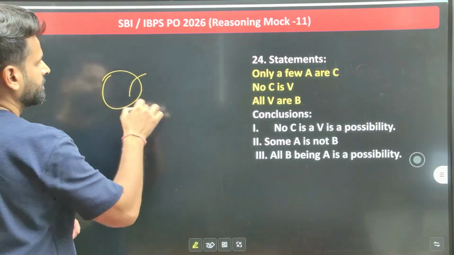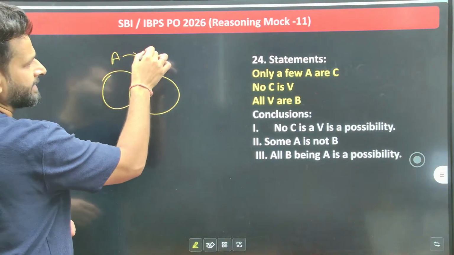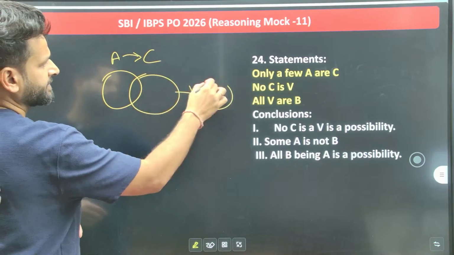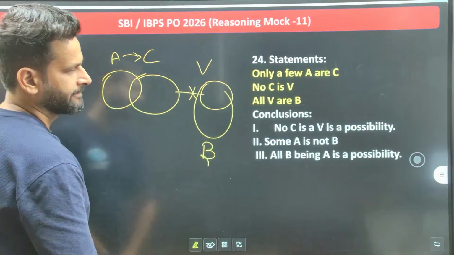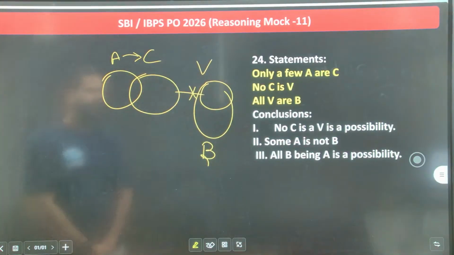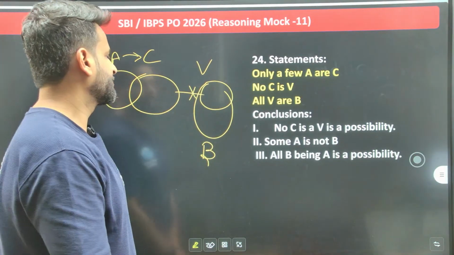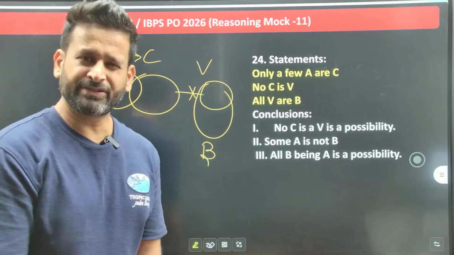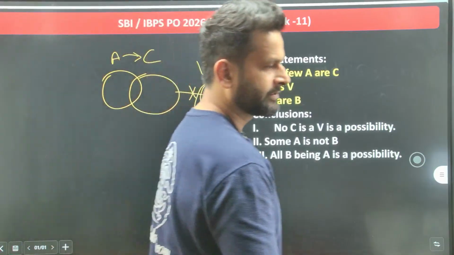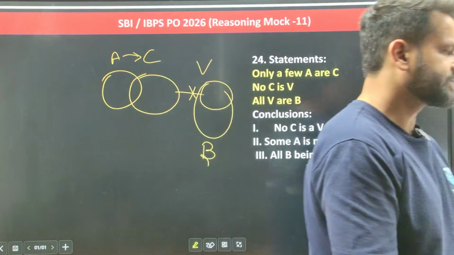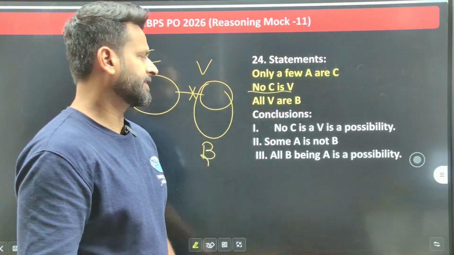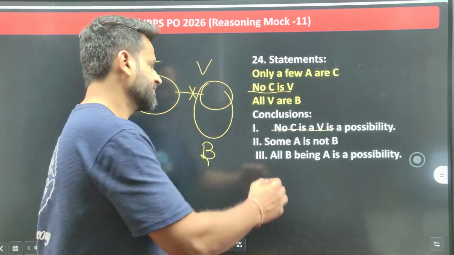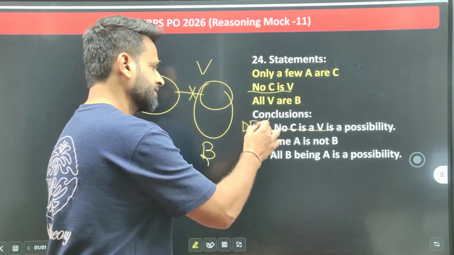Only a few A is C, no C is B, all B are V. The first is no C is V is a possibility. What is your answer? You have not answered. Already it is given that no C is V, so is a possibility definitely false.